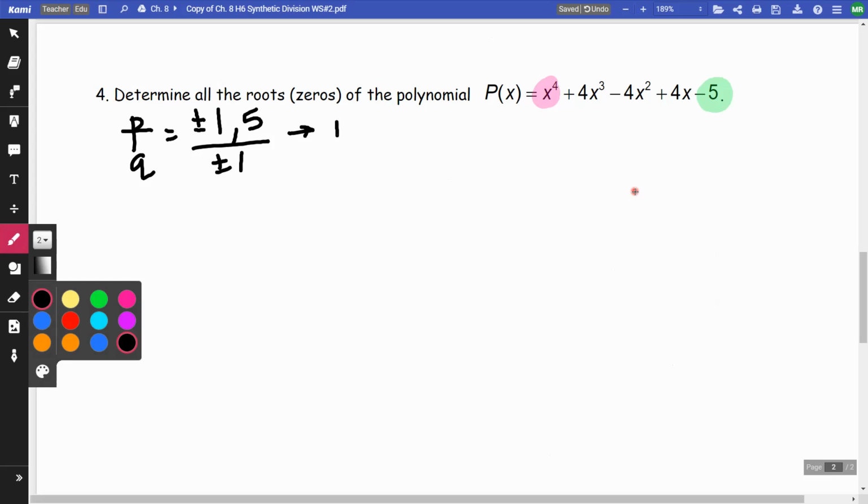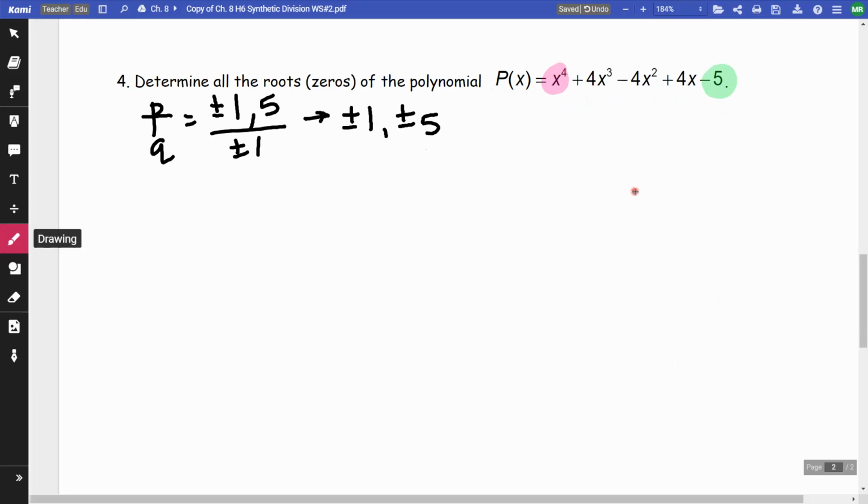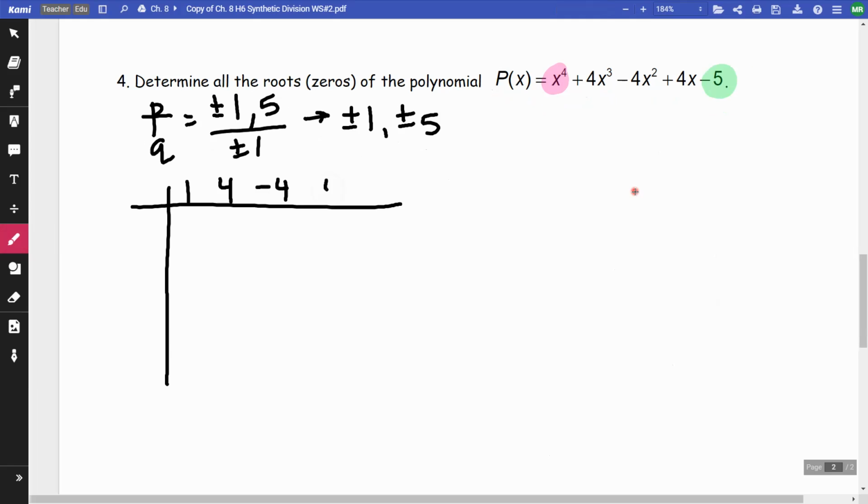So that's going to give me just a positive or negative 1 and a positive or negative 5. Those are the 4 I'm going to try. So let's say I've got a 1, 4, -4, 4, and a -5. For 0, I am at -5, so I'm 5 below.